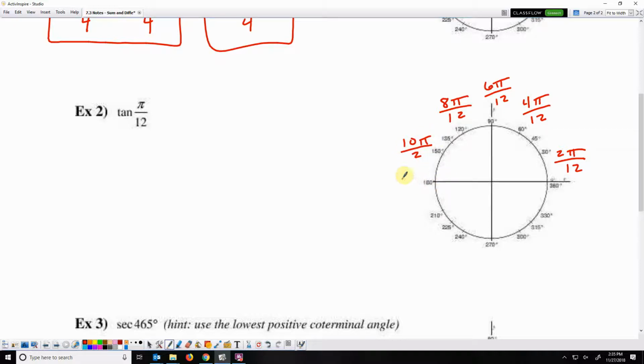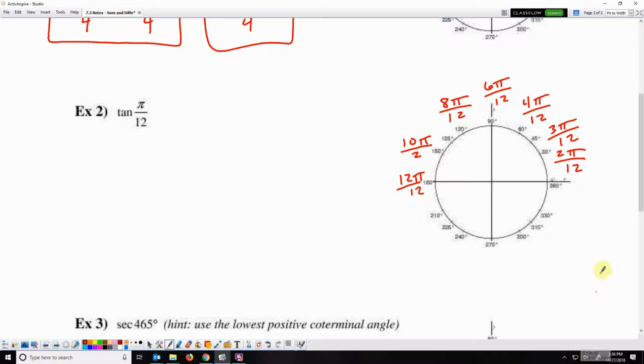And 6/6 is 12/12. We need something that makes 1 pi over 12. Okay, so far I'm not seeing any way to do that, so let's go ahead and put in these fourths. This is 1/4, which is 3 pi over 12.